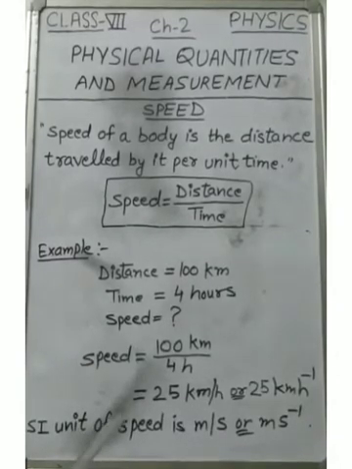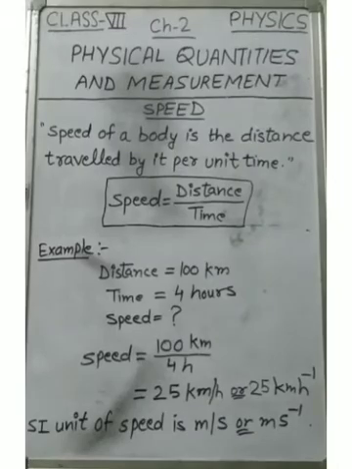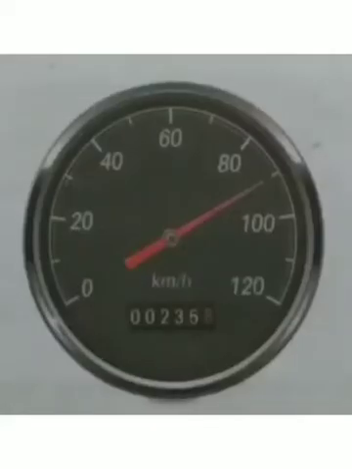Also note, if we have to compare the speeds of a number of bodies, then we must express the speeds of all of them in the same unit. It means if we compare the speed of two or more cars, then their speed must be in the same unit, either meter per second or kilometer per hour.